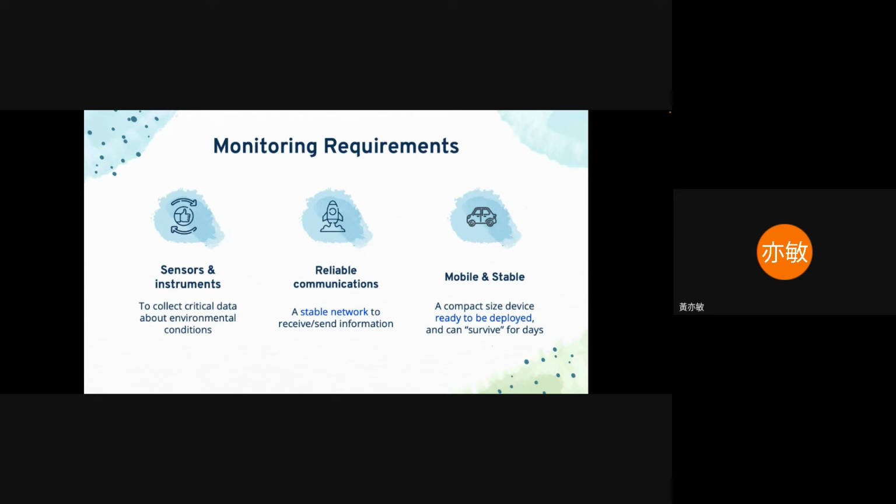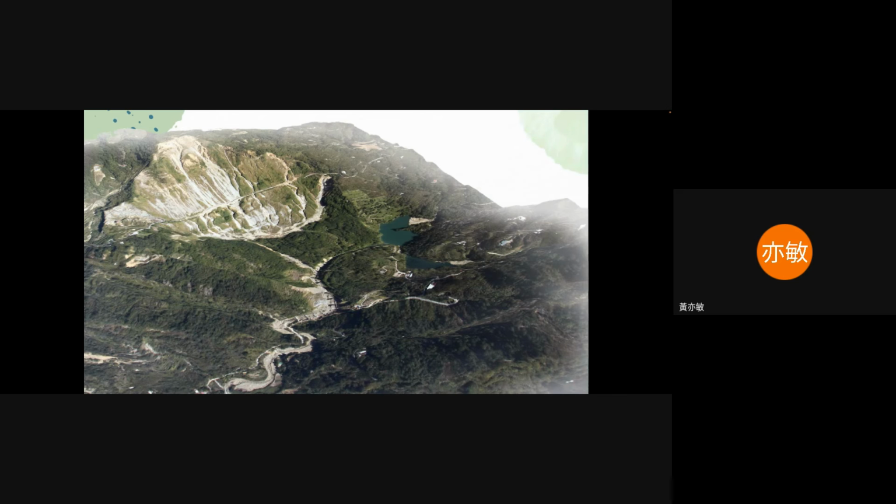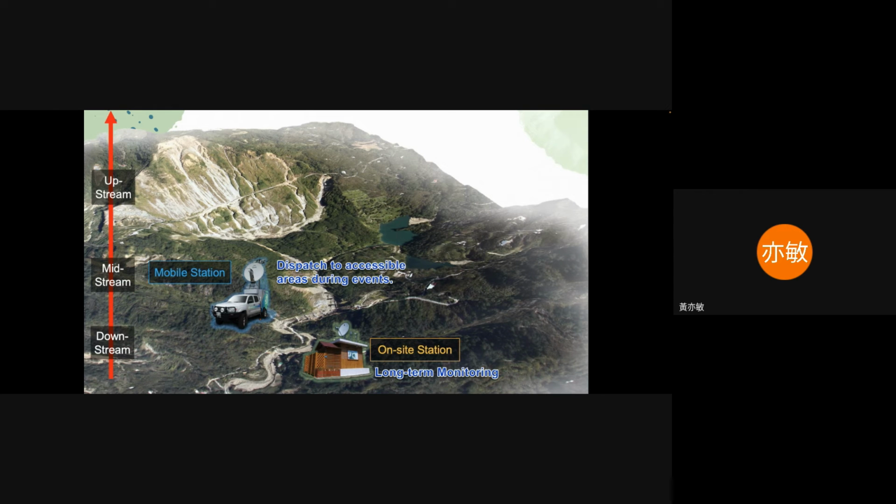The earlier, the better. If we can have our sensors monitor the change at the source of the debris flow, then we can create a longer time window for evacuation. That's why we want to put our sensors at the upper stream.